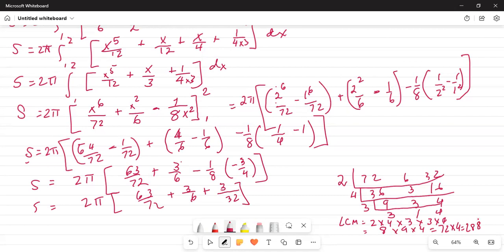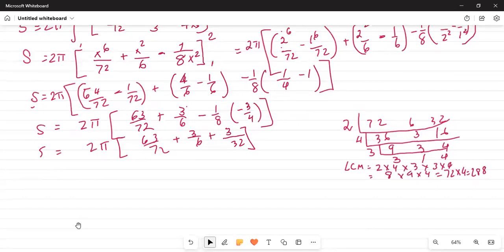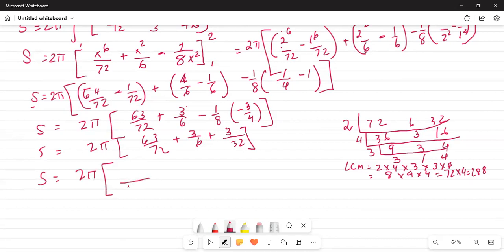So let me create some space for myself. So this S will now become 2 pi. I'm reducing everything to a common denominator of 288. So 72 times 4, and this one will be 63 times 4.